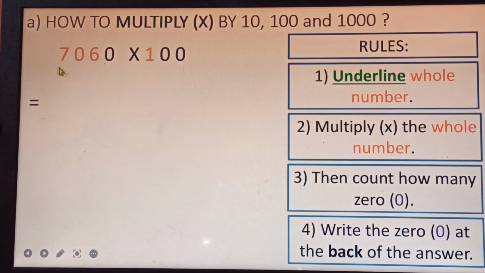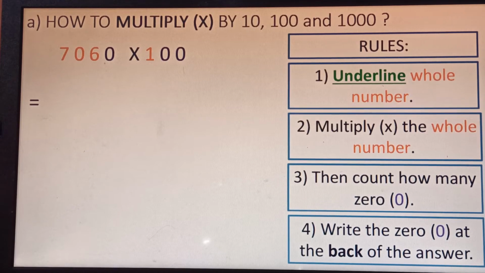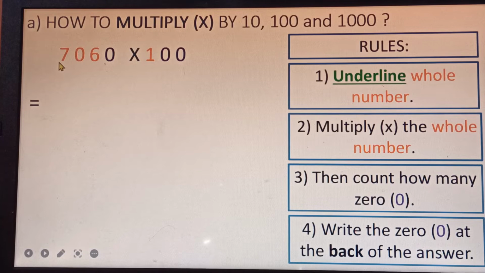Okay, try this one. Times 100 still. 7,060 times 100. Okay, which one do we underline? Which whole number? Is it 7 and 6 only? Yes, we underline 706 sahaja. And 0 di belakangnya ni, kita tidak underline.